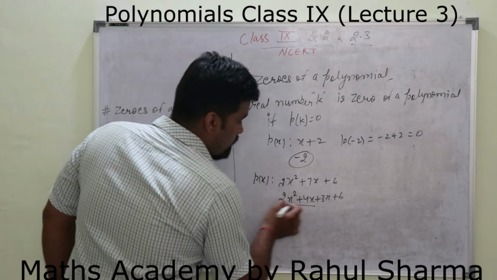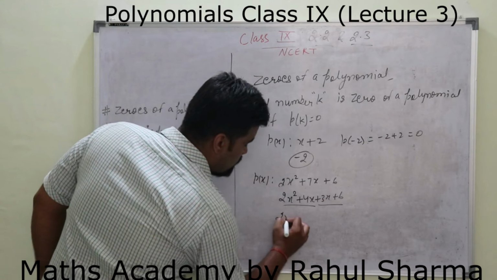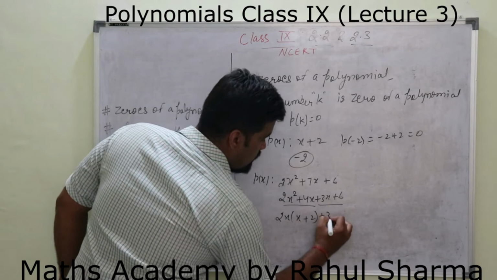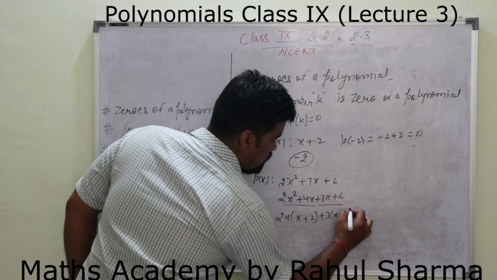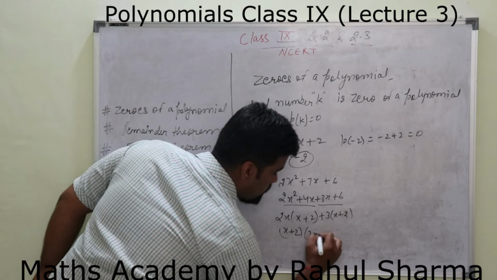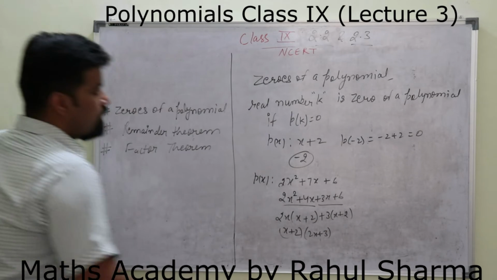So it will become like this and this. So 2x will be common, (x + 2) plus 3 is common, (x + 2), right? So (x + 2) and (2x + 3), these are the two factors.